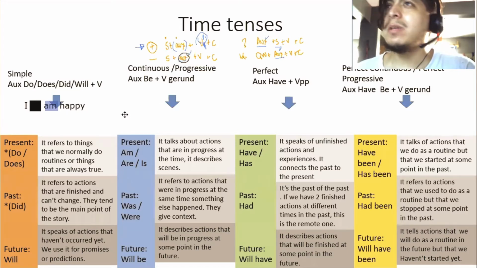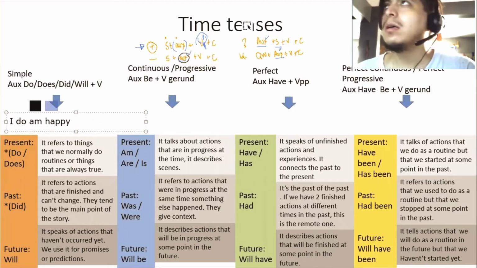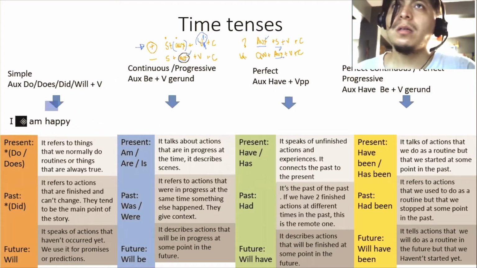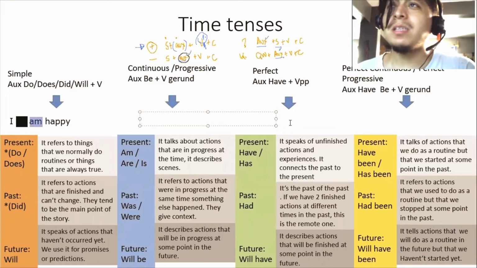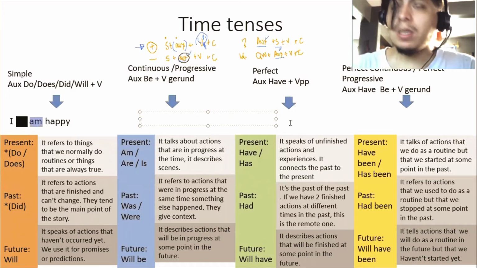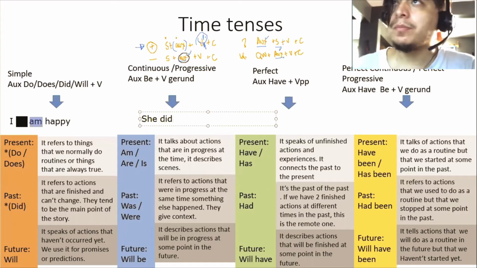In the past it is very similar. You can say she, for example. The auxiliary normally will be did.